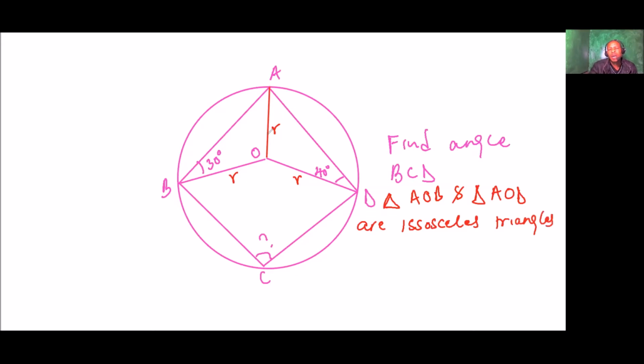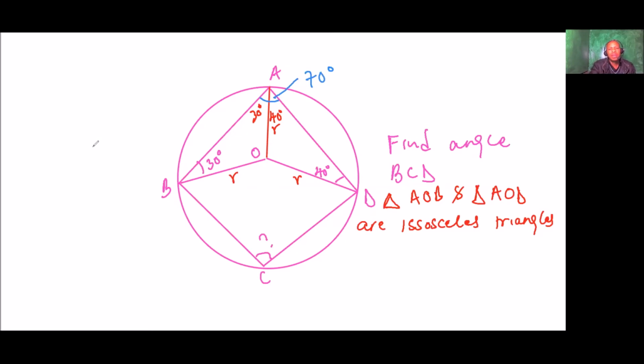And what we know about isosceles triangles is that the base angles are the same or equal. So it means this angle is 40, this angle is 30, and therefore the total of this angle here is 70 degrees. That is 30 plus 40.